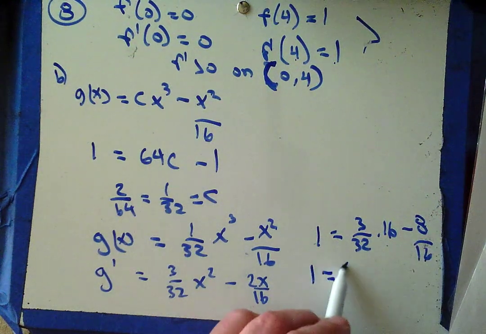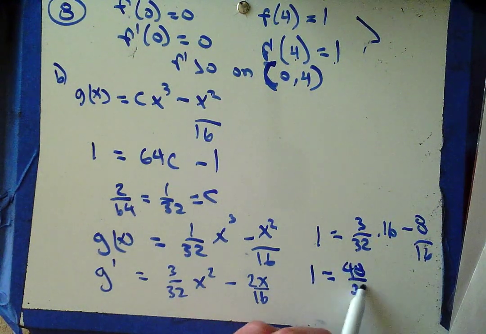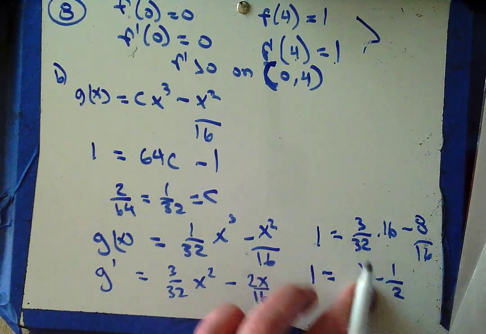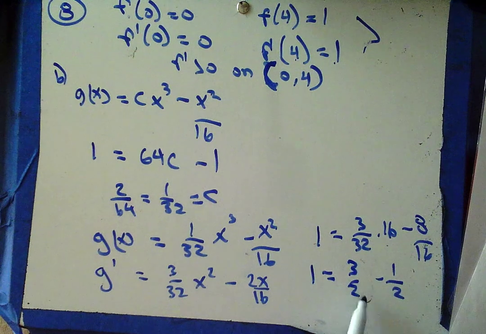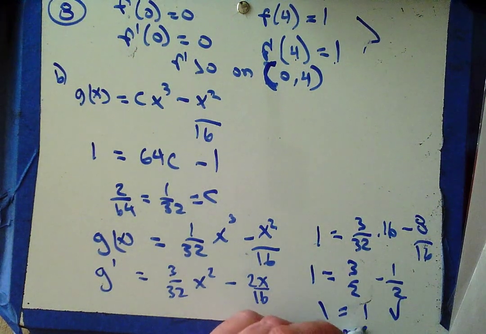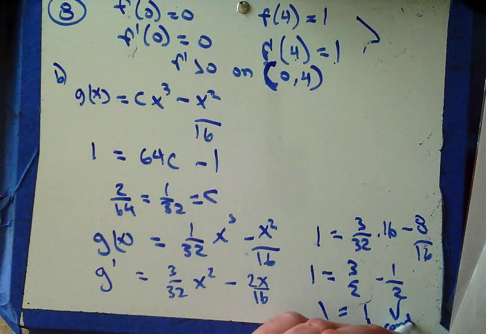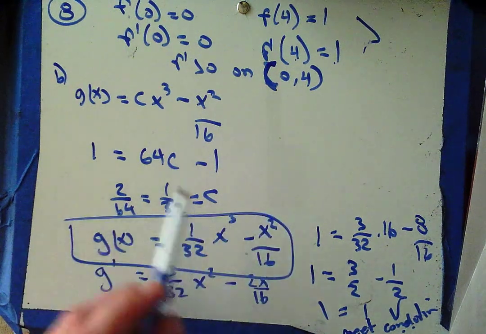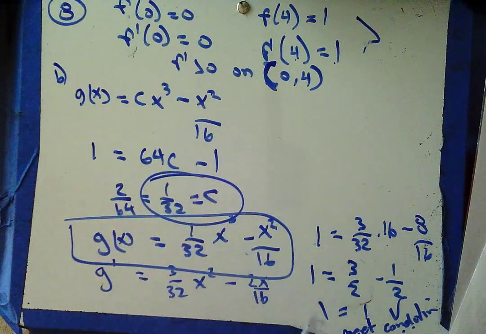So I get 1 equals 48 over 32 minus 1/2. This is 3/2 minus 1/2, and I get 1 equals 1. So we meet condition double I with this g of x, with this c value.